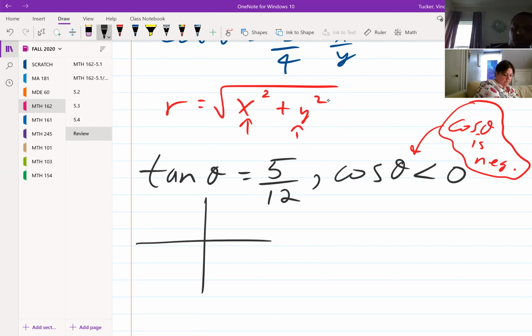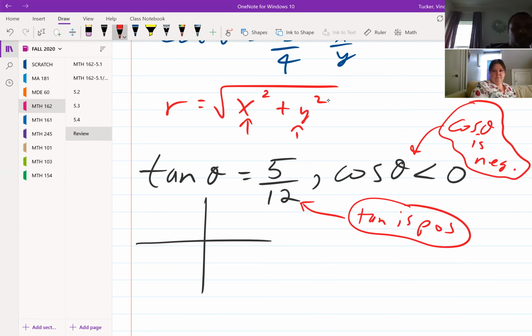Also, recognize that tan is positive, and there's only two places that tan could be positive. It's either in this quadrant or this quadrant. And since we know cosine is negative, that means we have to be in the third quadrant.